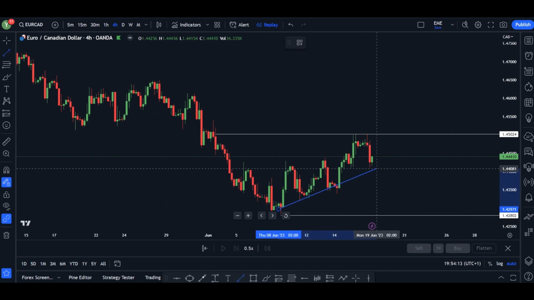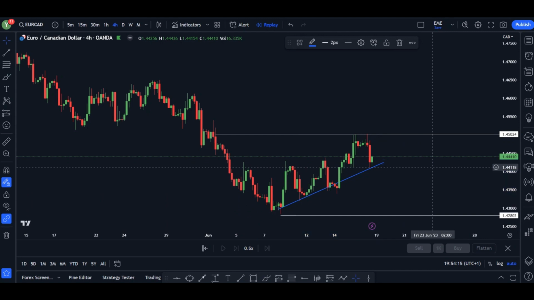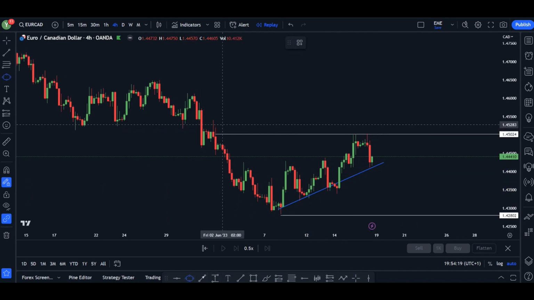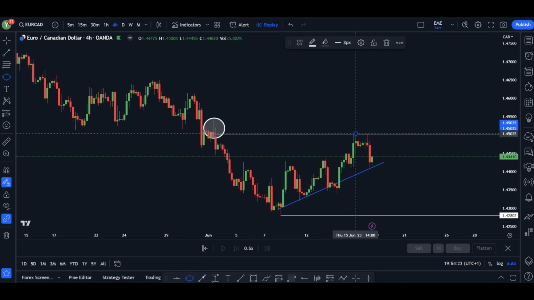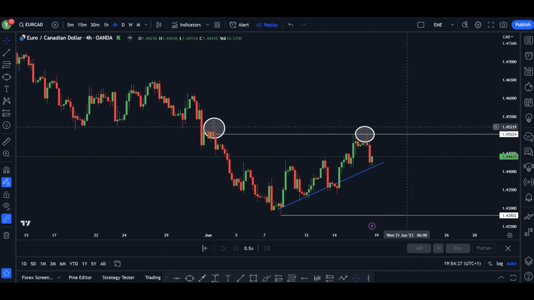If we drop down to a 4-hour chart on this particular one, on the 4-hour chart, we can see if we throw in our trend line here that we are having this price action giving us equal highs, which is likely going to give us some degree of sell before the buys kick in. So we had equal highs here. So we'll be looking at this.